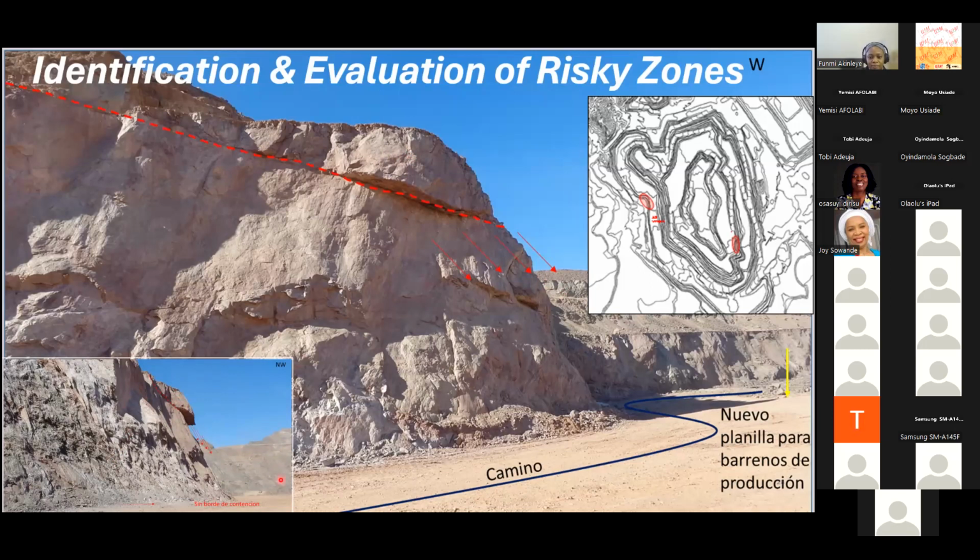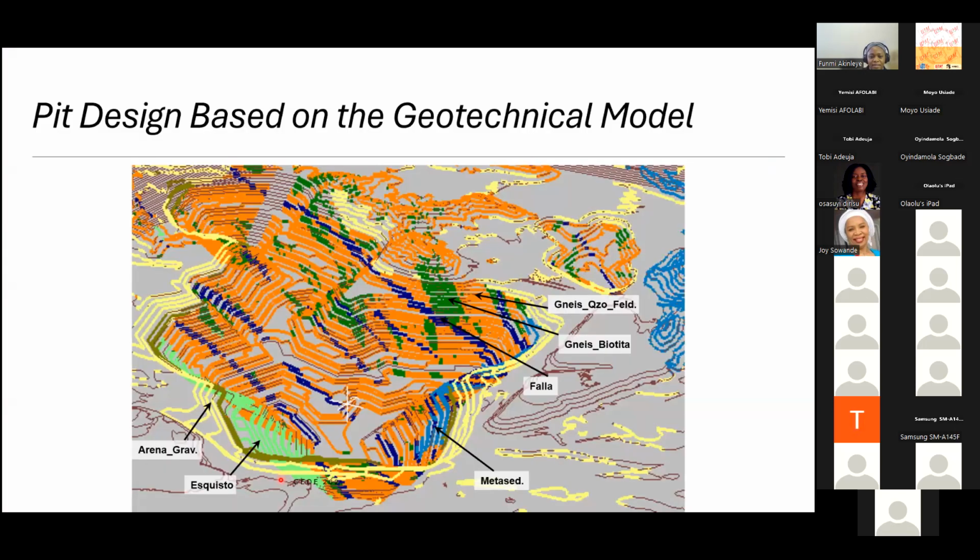One of the things that might be cool about working in the mine is being able to plan the mine, the pits, whether it's underground or open pits. This is just the geotechnical model showing different rock types and where they are located.